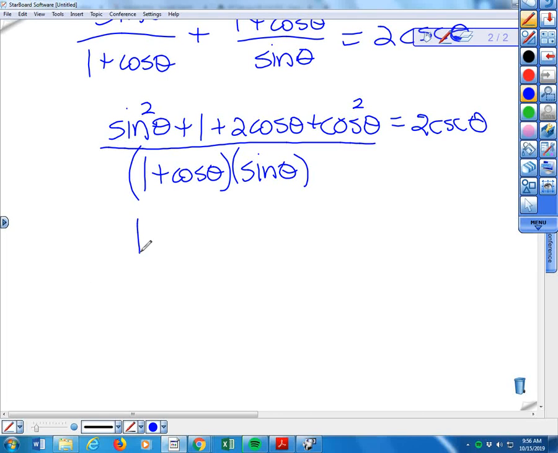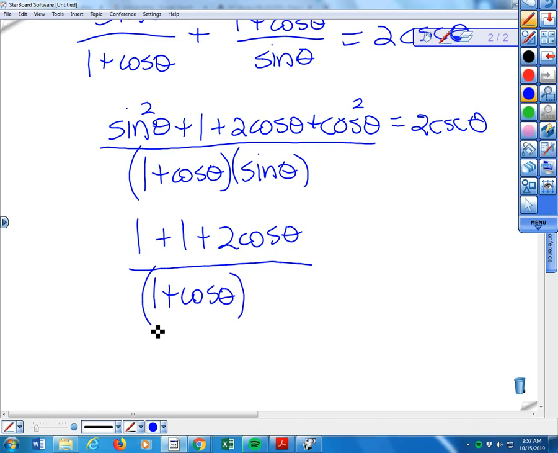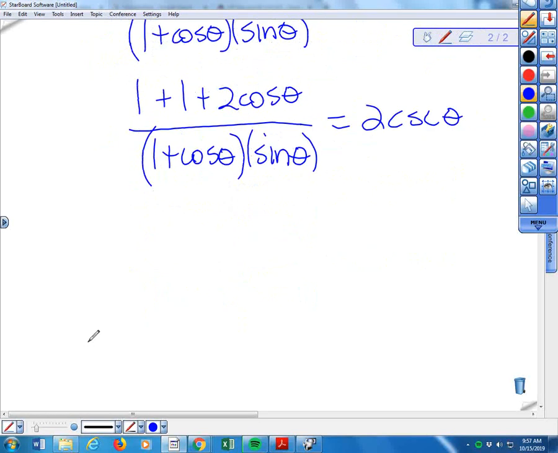1, right? Plus 1 plus 2 cosine theta, right? Over 1 plus cosine theta times sine theta. Okay, so 2 plus 2 cosine theta, factor out a 2, 1 plus cosine theta, right?